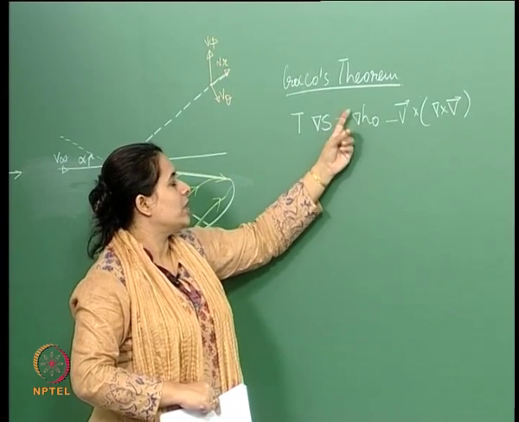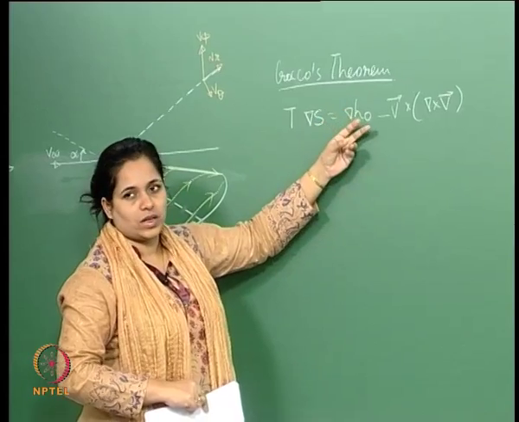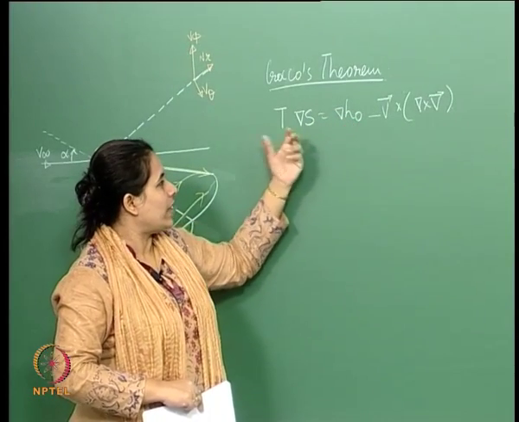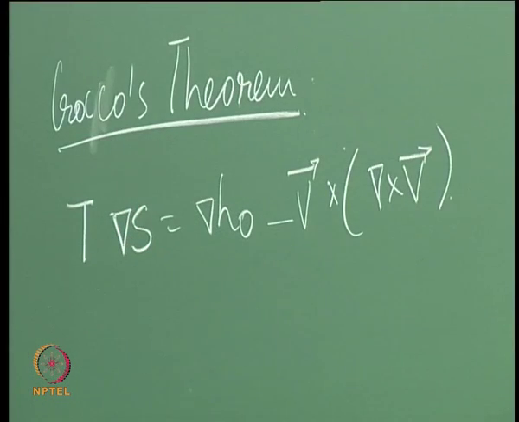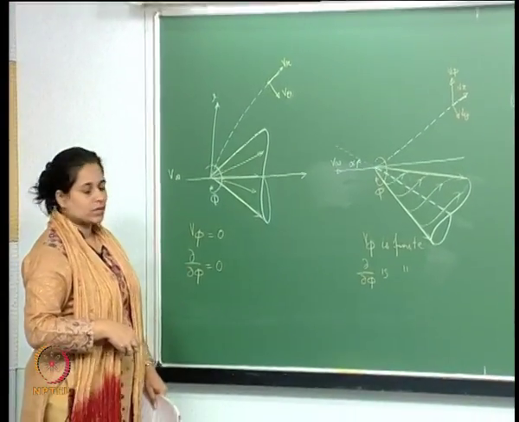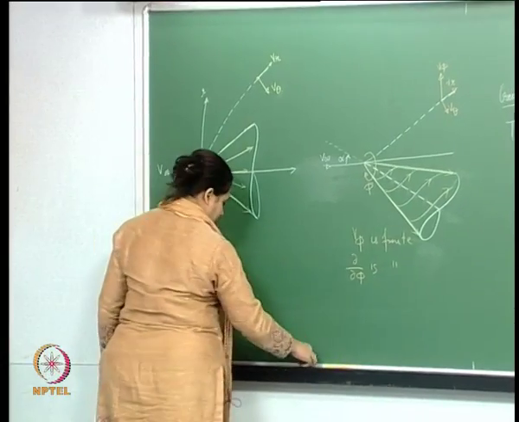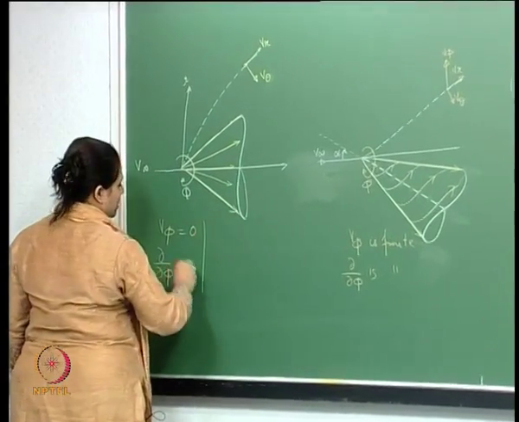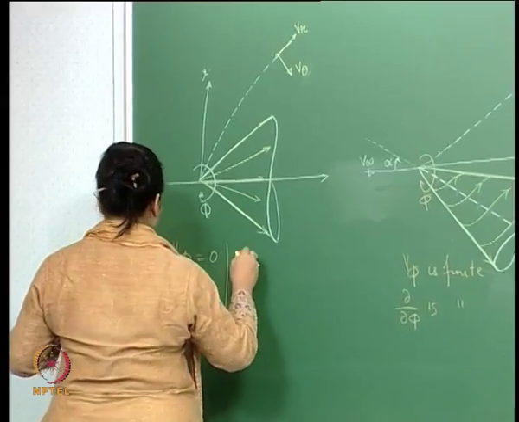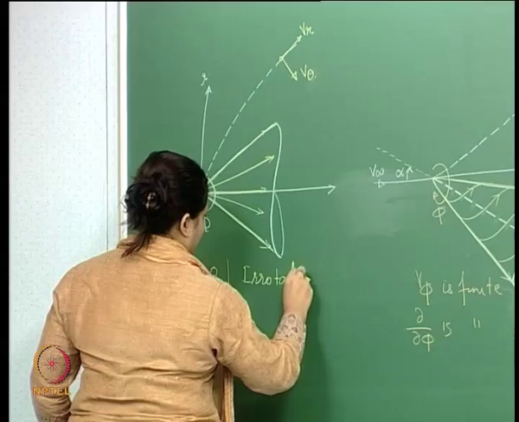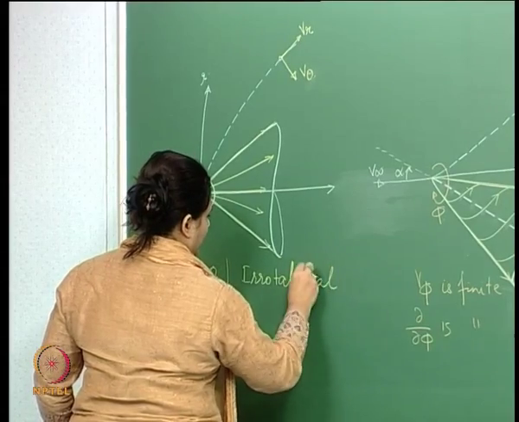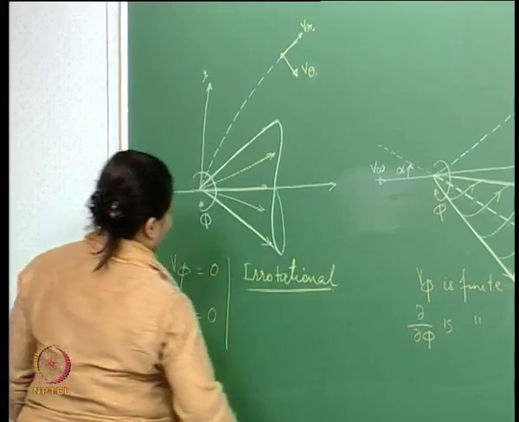Adiabatic and inviscid, so our enthalpy gradient was 0. And that meant that this was automatically irrotational. In this particular case, this was irrotational.